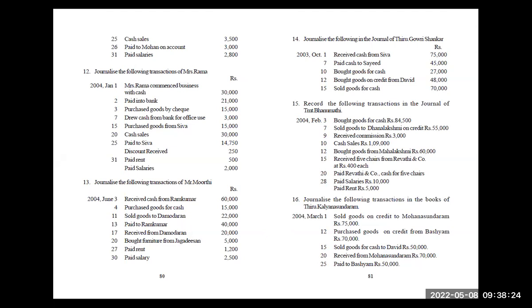Question number 12: take a journal format and journalize these transactions. Take a few minutes, finish it and tell me. We will discuss, then we'll move on to the next concept called marginal costing. Are those online able to understand what I'm saying? Yes, sir. Yeah, please do that.